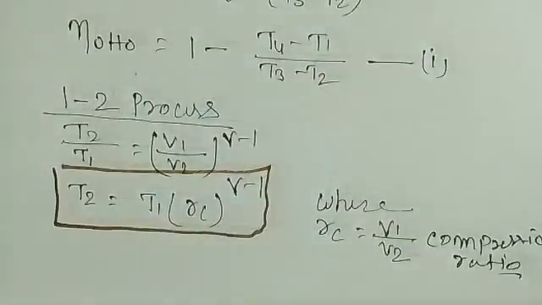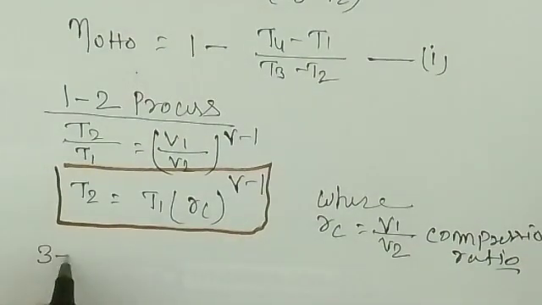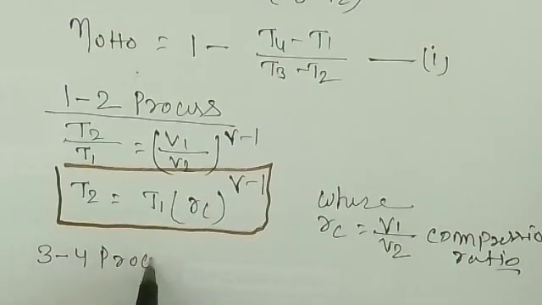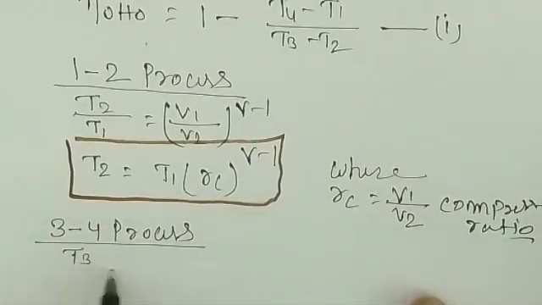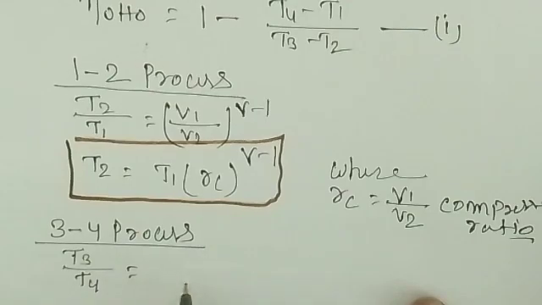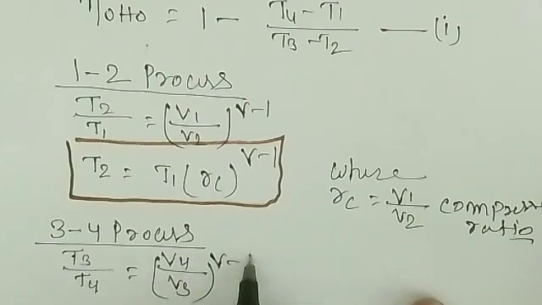So for the 3 to 4 process, we can say here that T3 by T4 is equal to (V4 by V3) to the power of gamma minus 1.